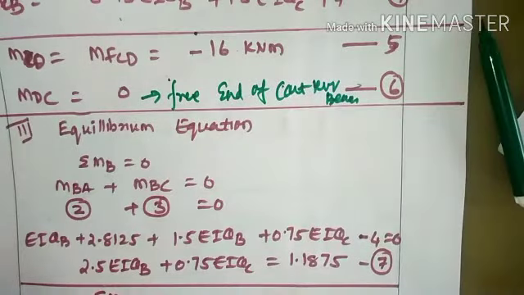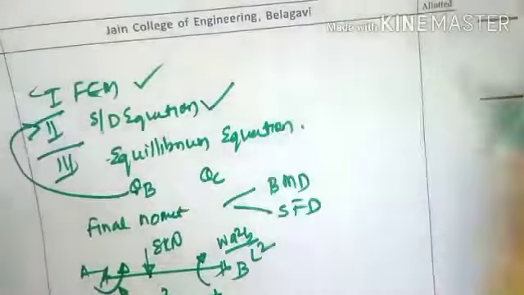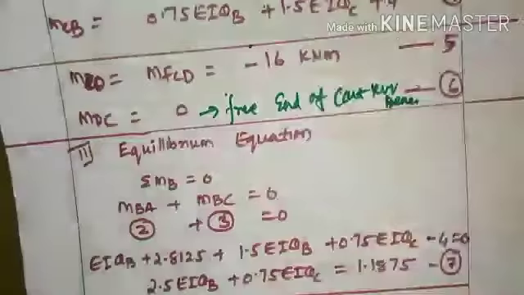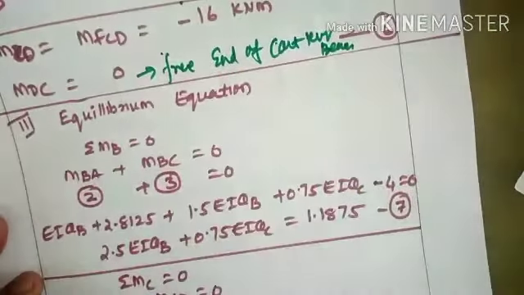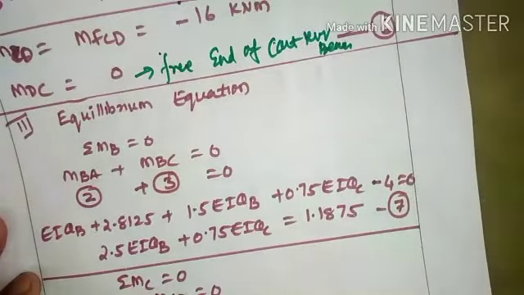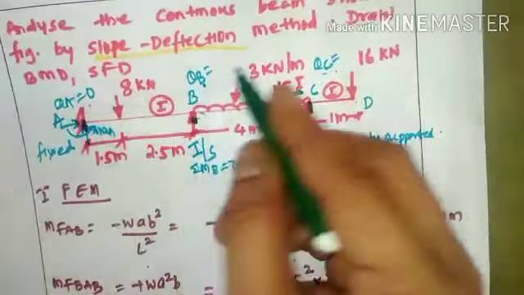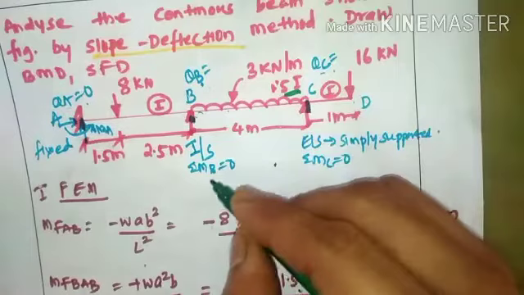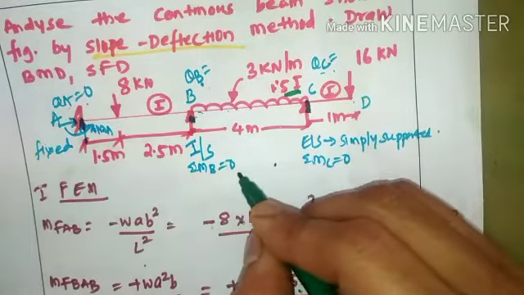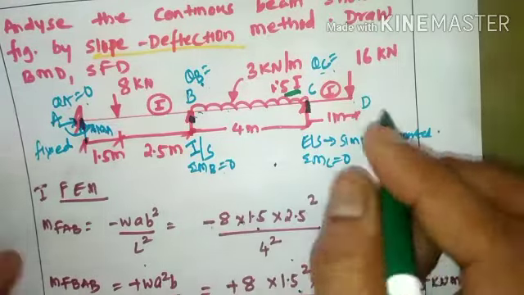Once we get this particular solution for all this part, that is the second step. What we have completed so far is the second step, that is the slope deflection equation. Next is the equilibrium equation. At the start of the analysis itself, we had noted which will be the equilibrium equation. As we are supposed to find out theta B and theta C, the equilibrium equation will be summation MB is equal to 0 and summation MC is equal to 0.